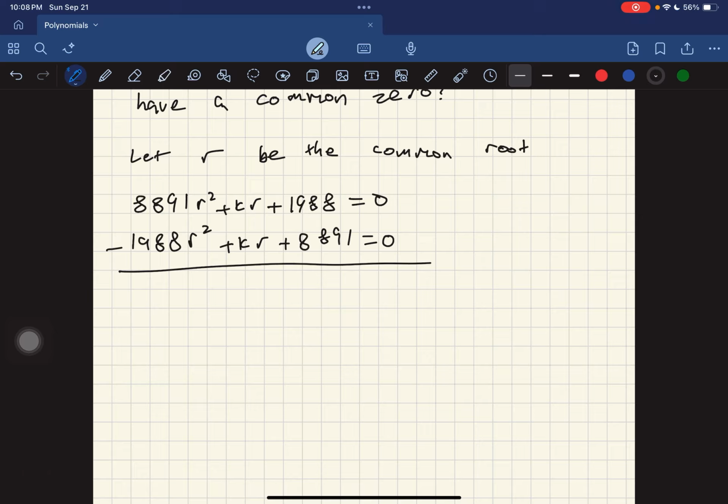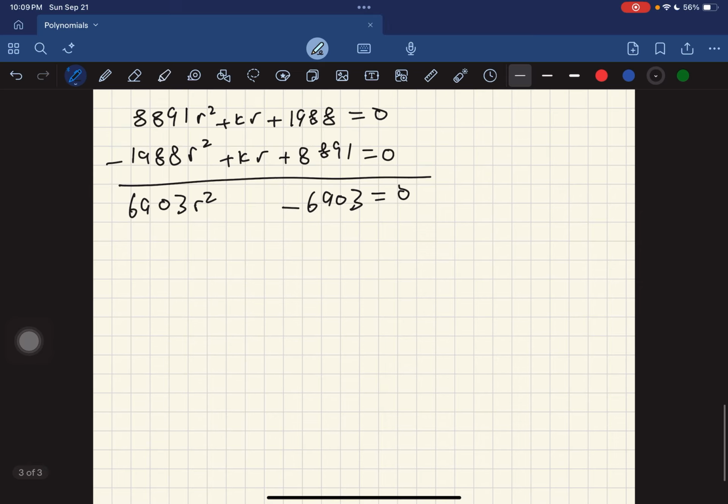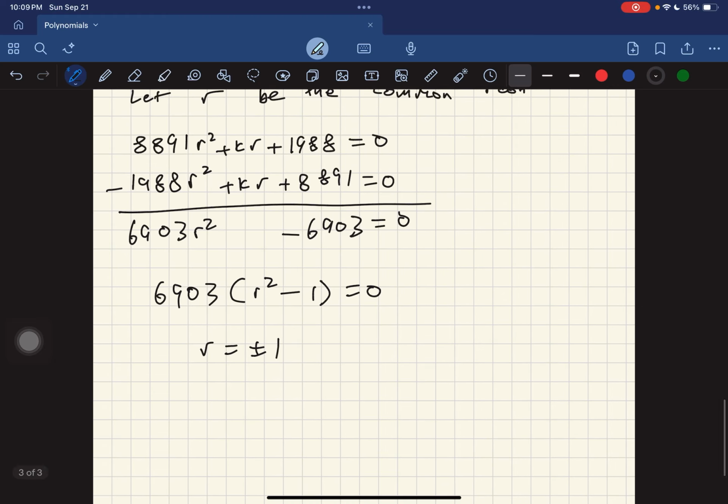So if we subtract the two and factor, we get 6903 times (r squared minus 1) is equal to 0. So that means the root in common can only equal positive 1 or minus 1, because both of them squared will be equal to 1, and then this whole thing will be equal to 0.